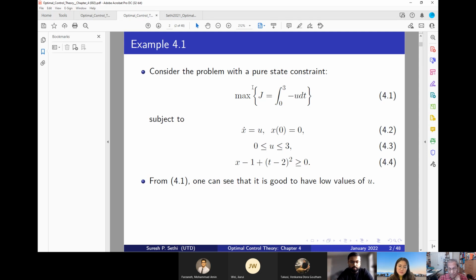Okay, let's take this problem of maximizing from zero. By the way, have you read this chapter before coming here? Anyone who ever read the chapter? Yes, some parts, not all of that.